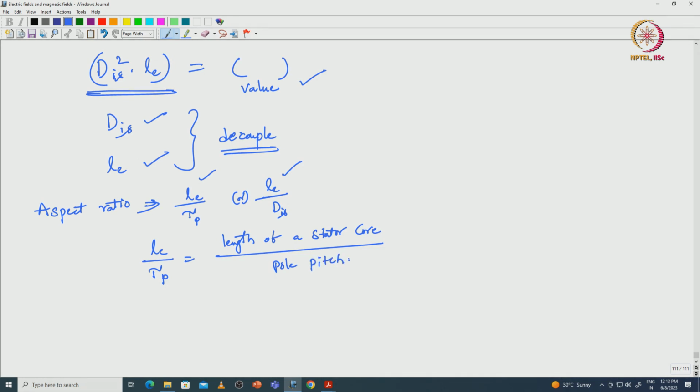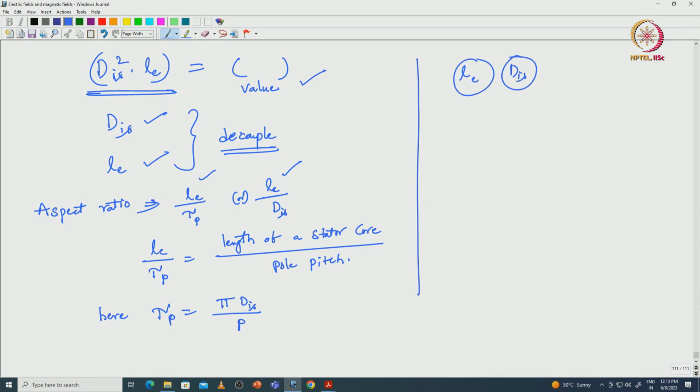Here pole pitch is pi into Dis by p, the perimeter pi into Dis with respect to one particular pole, so the factor p will come. Now, with respect to the type of application we have to select the L and Dis values. To decouple the L value and D value we have to proceed in an iterative manner.